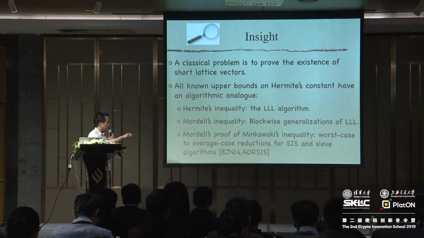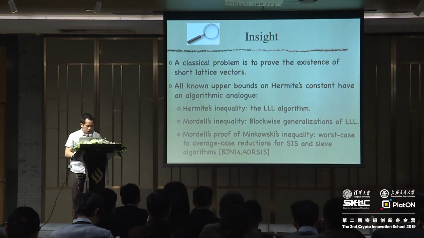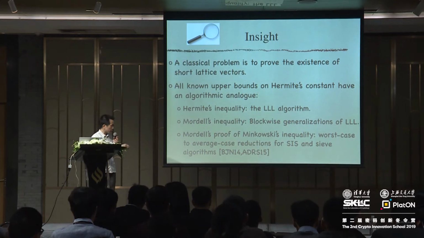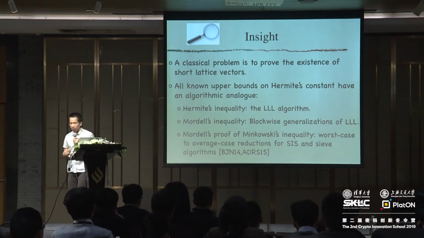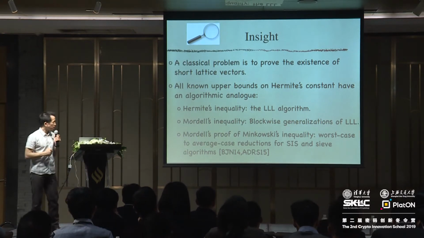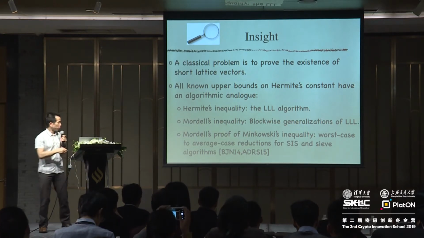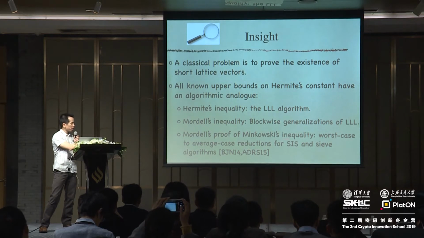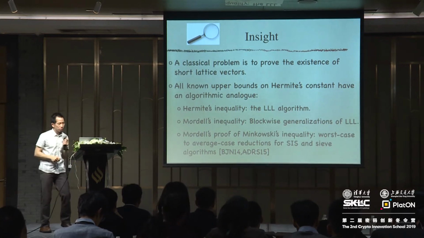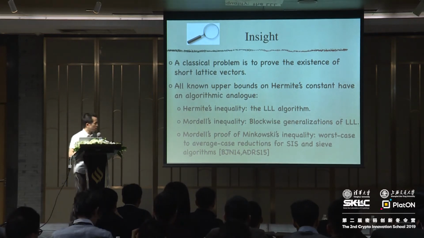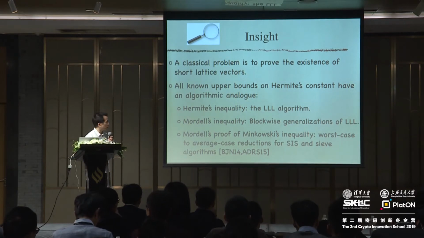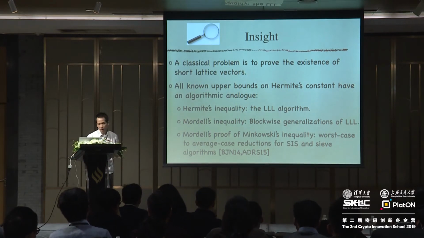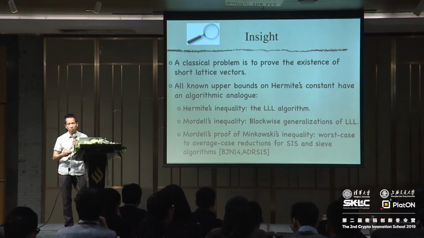So-called Mordell's inequality gives you a blockwise generalization of LLL. And we already saw one adaptation when I told you this worst case lattice reduction. It actually corresponded to an old proof of Minkowski's inequality. So it's a bit disappointing that essentially we've been rediscovering mathematics. Okay? But of course there's a different insight because we're interested in complexity.